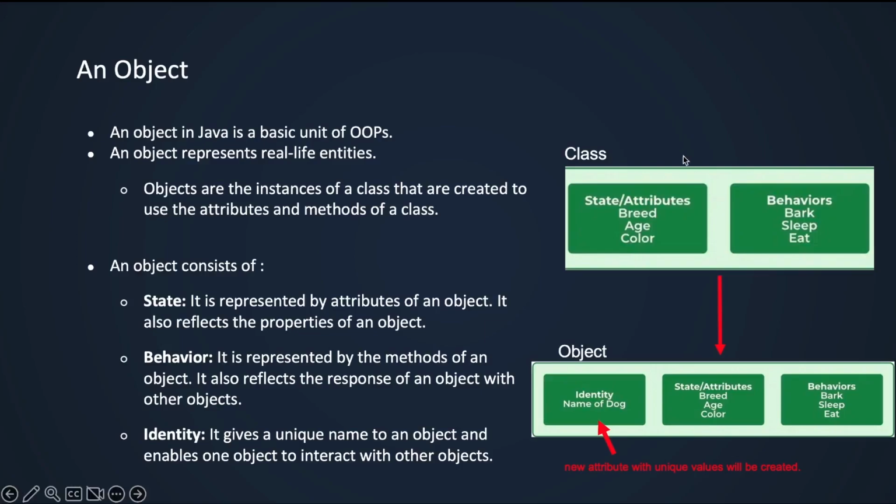So we have a class here. When we create the object of this class, this object not only inherits states and behaviors, it will also inherit the unique identifier of that object, because we can create several objects for the class.